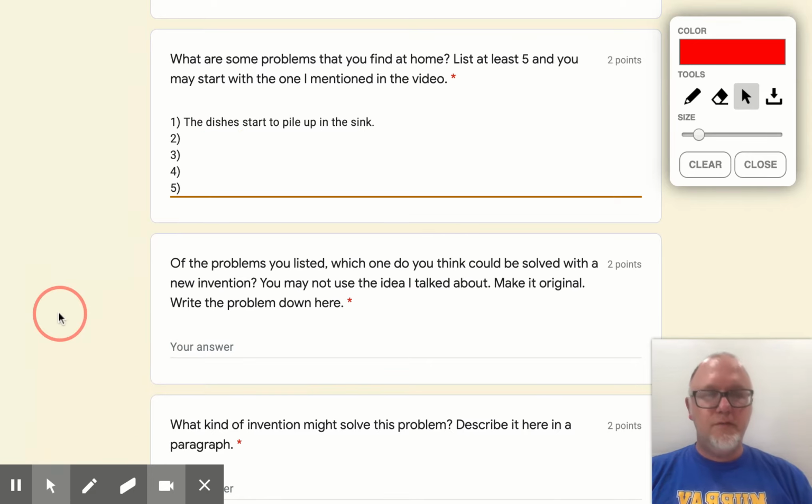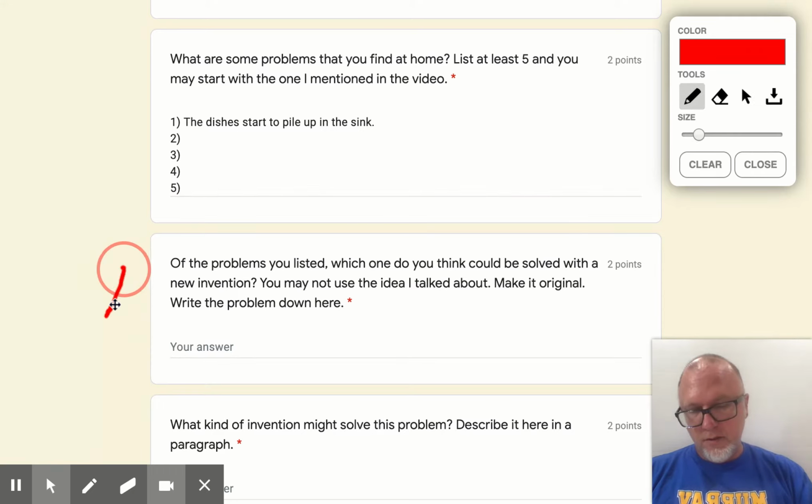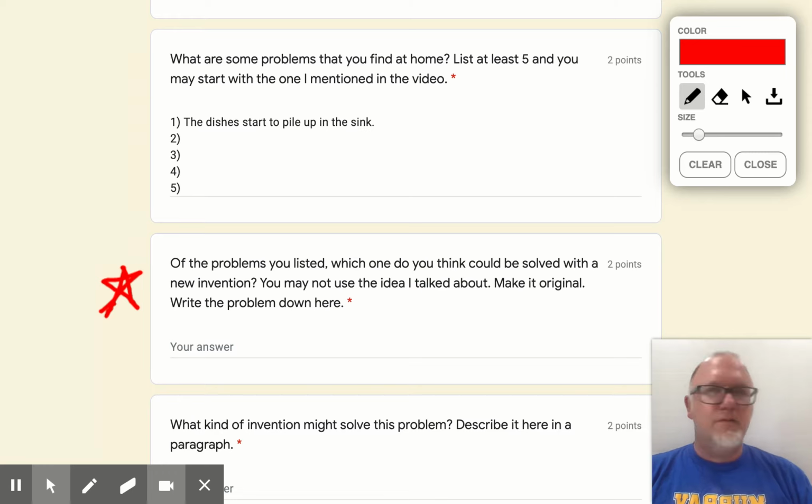Okay, next, when you move on to the next question, of the problems you listed, now don't choose mine, okay? Of the problems you listed, which one do you think could be solved with a new invention? I want it to be an original idea that you come up with, and I want you to write the problem down here.